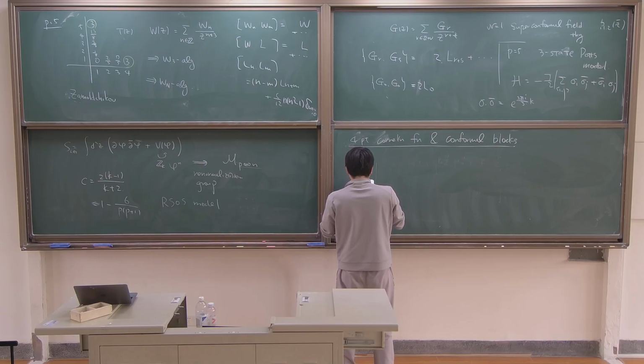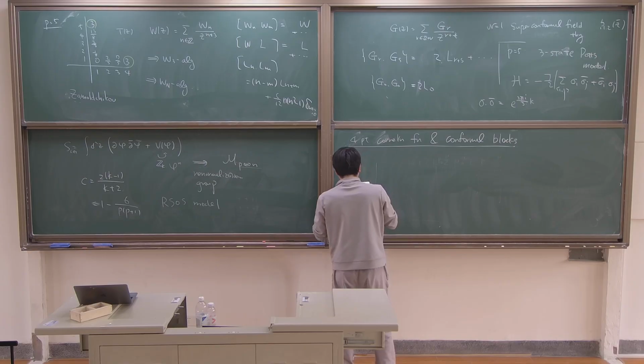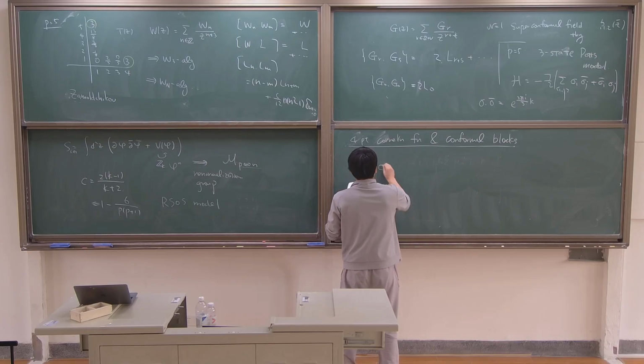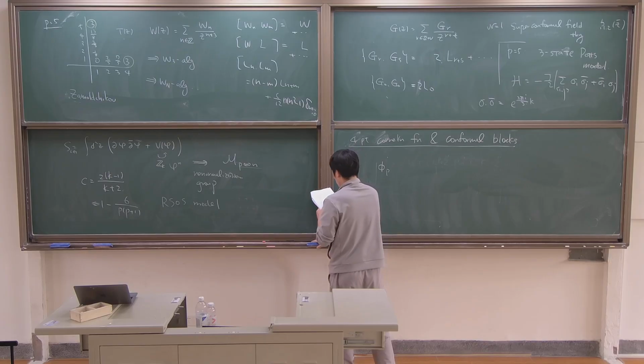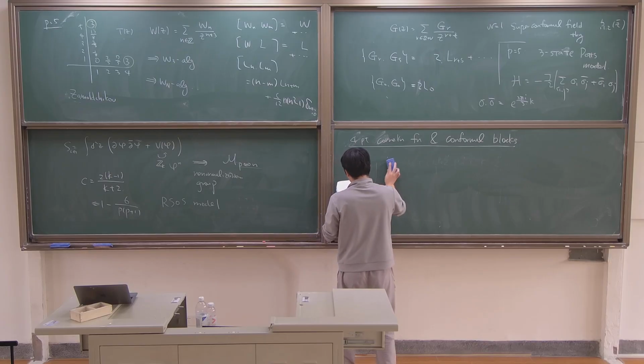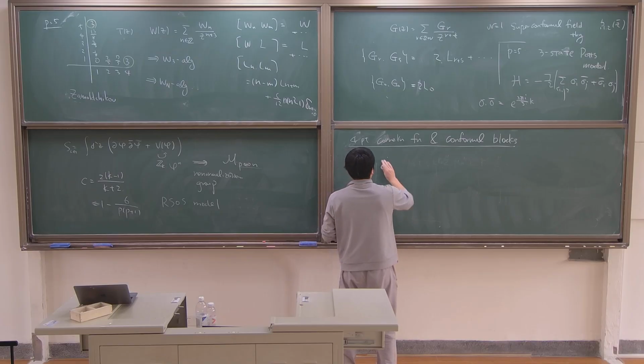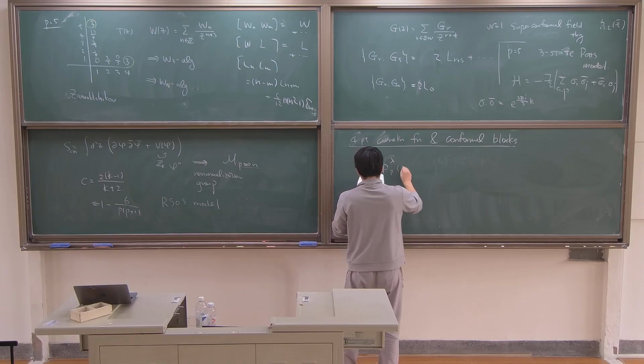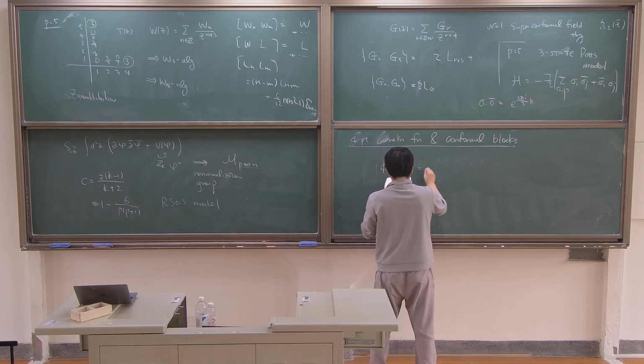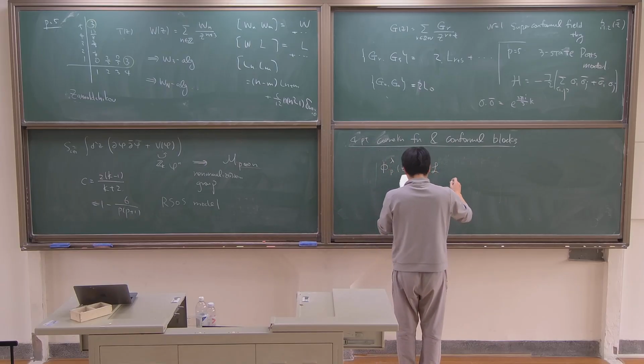Okay, so we just consider phi p lambda. So the last time we considered this phi lambda of p and c, L minus.